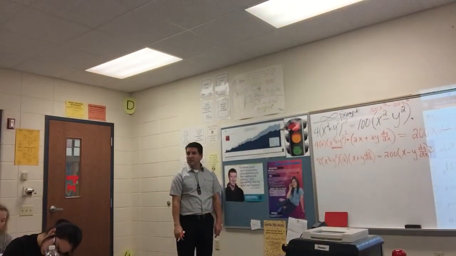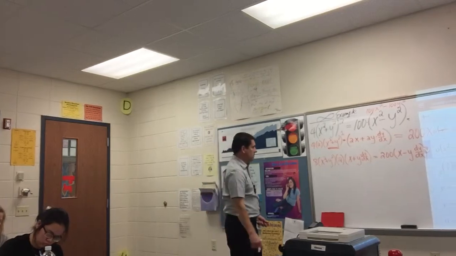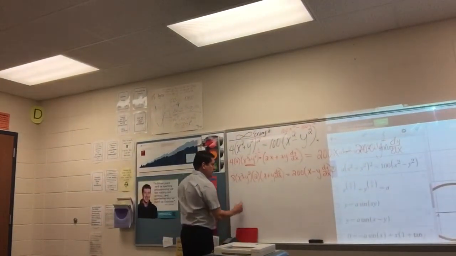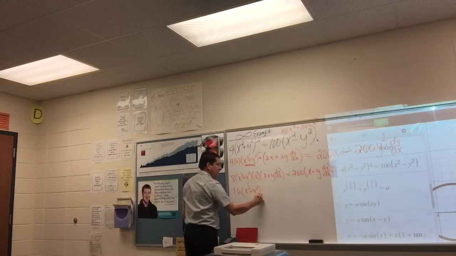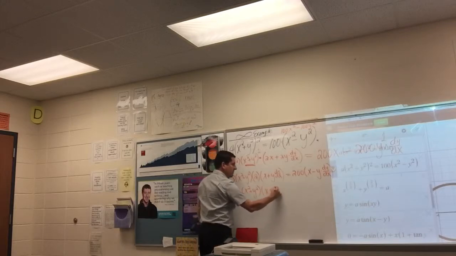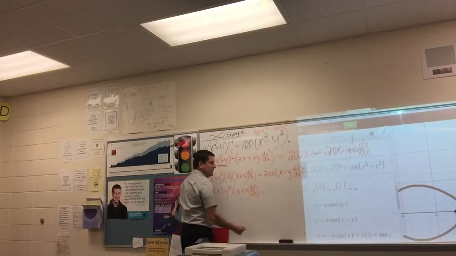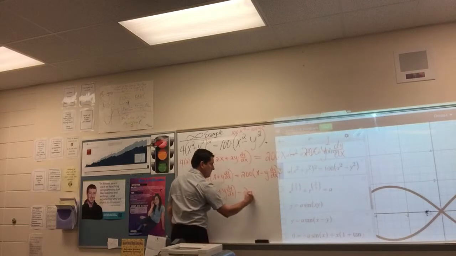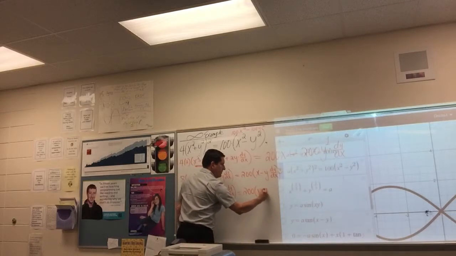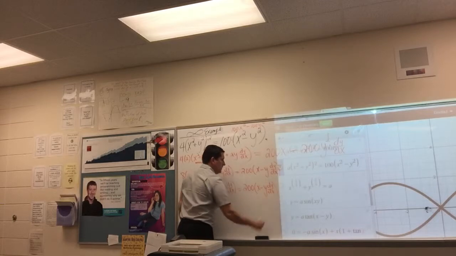Do we agree? Okay, maybe just clean up a little bit more. I spy 16 times (x squared plus y squared) times (x plus y) dy/dx is equal to 200 times (x minus y) dy/dx.